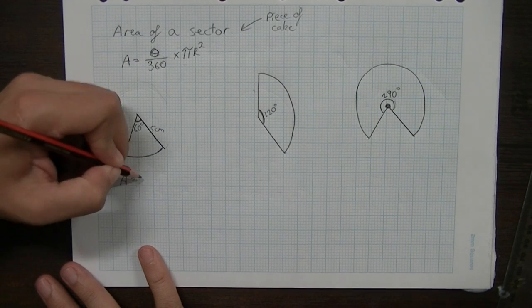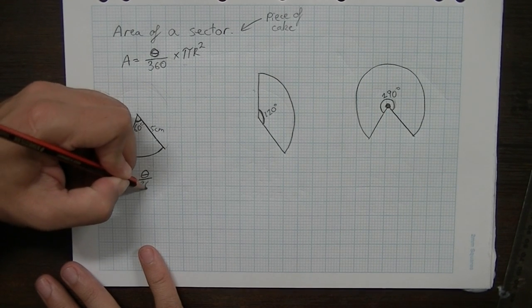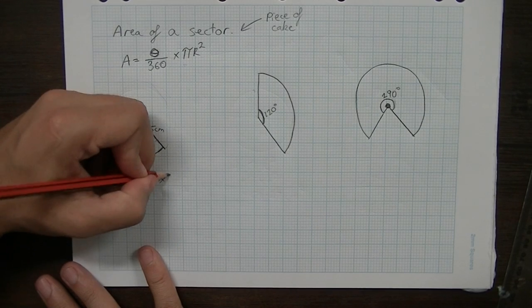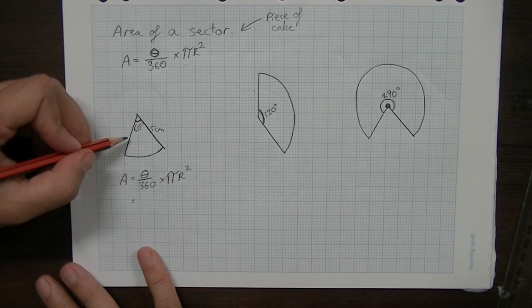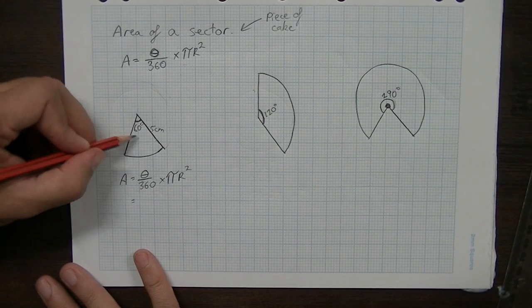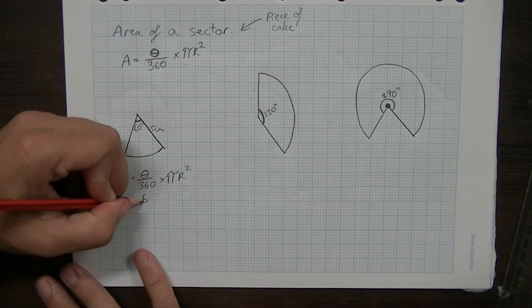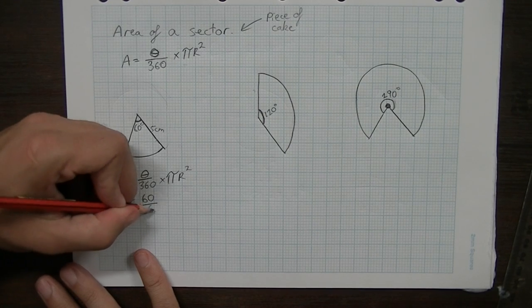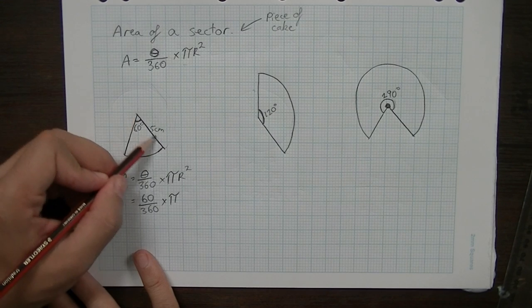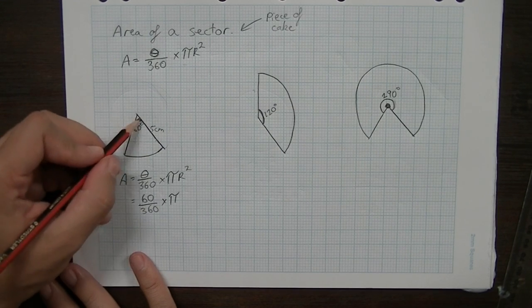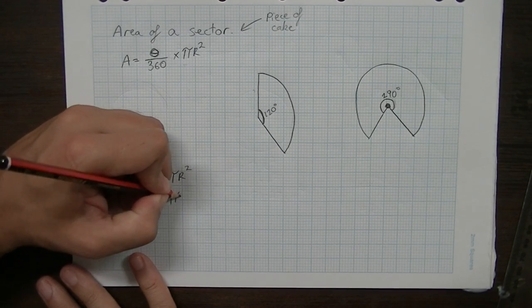The area equals theta over 360 times pi r squared. Now in this case our theta is 60 degrees, so 60 over 360 times pi, our radius this time is 5, so pi times 5 squared.